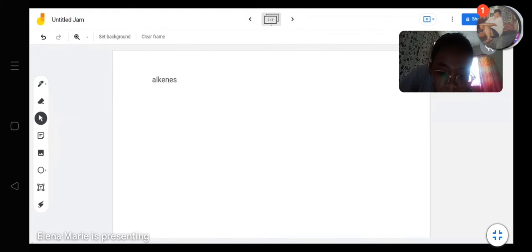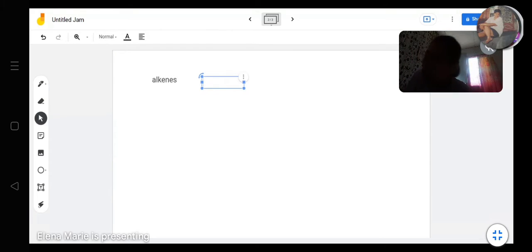And then the example for alkenes, C3H6, propene. And last, for the alkynes, you have propyne.